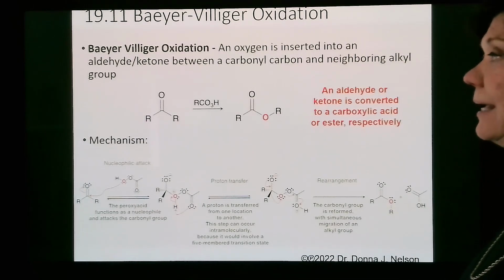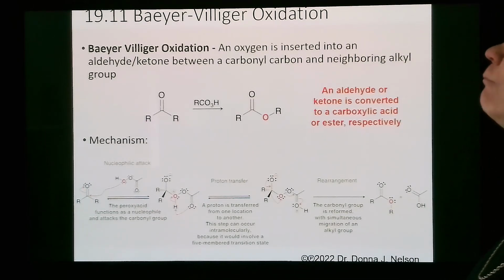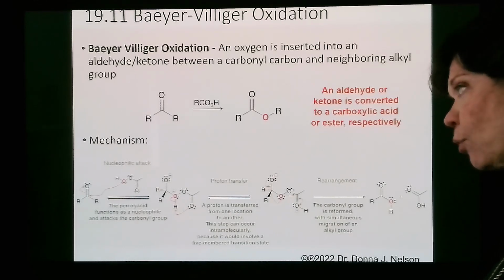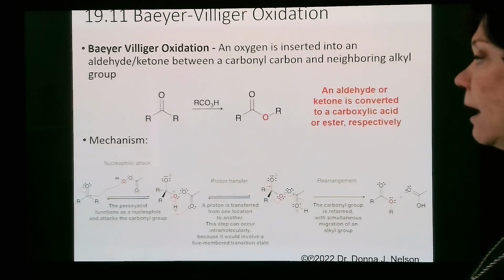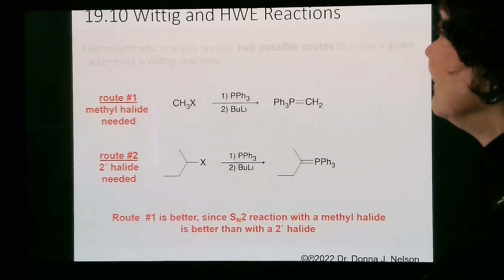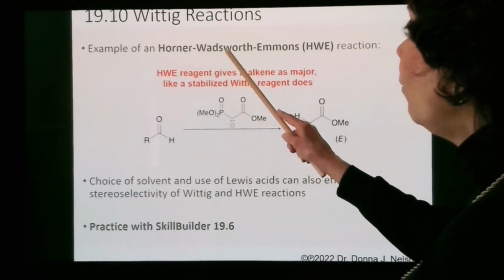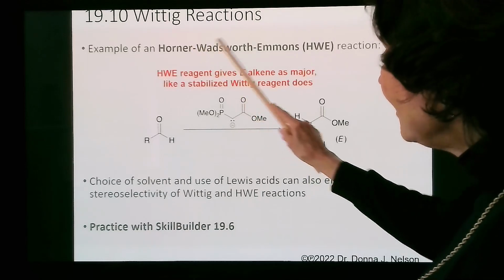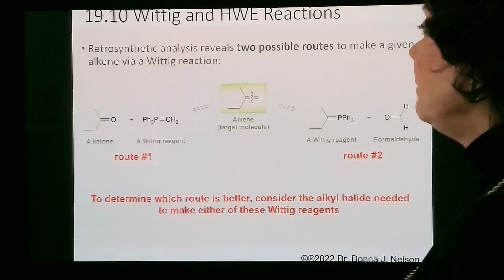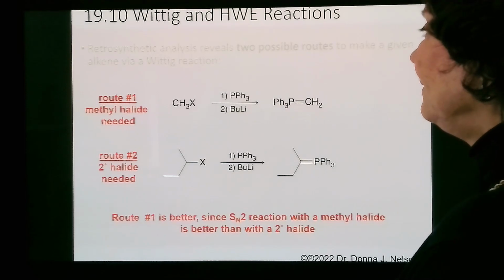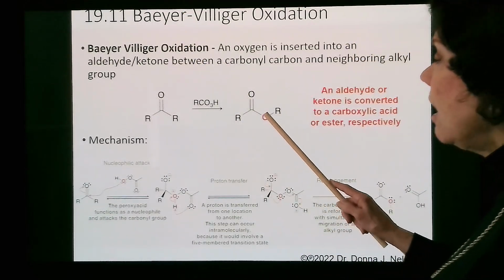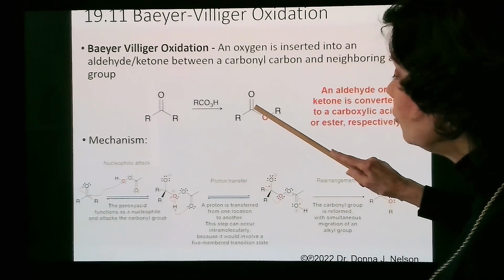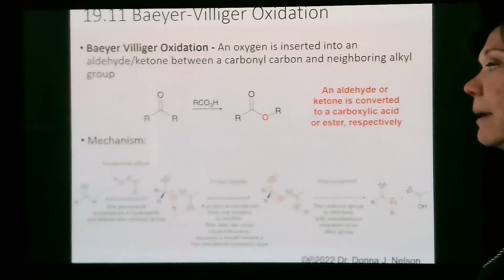I'm not certain that it is extremely important for you to remember the name Baeyer-Villiger, although it's probably a little more important than the Horner-Wadsworth-Emmons reaction name. Notice that in the Baeyer-Villiger oxidation, you are inserting an oxygen next to the carbonyl.